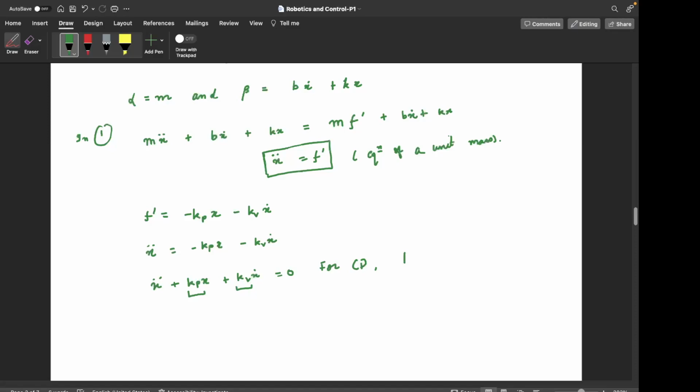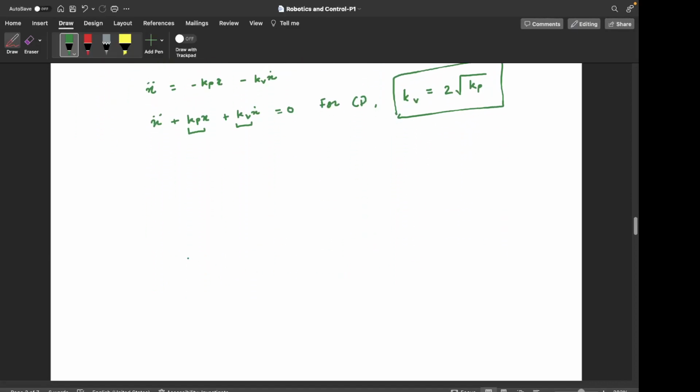So B here is kv, 2 times under root kp. So this is the relationship between these two gains. These are gain values. So this is the relation between the proportional gain and the velocity derivative gain for critical damping.